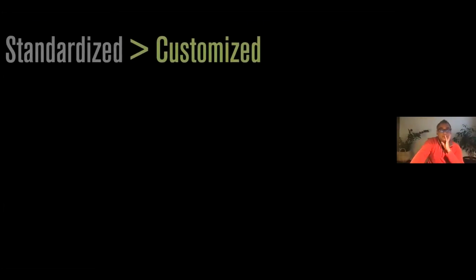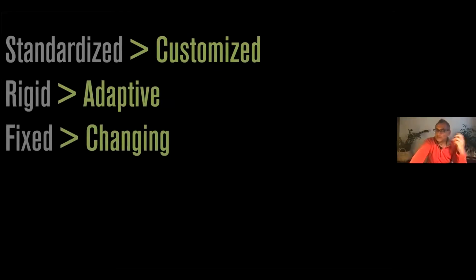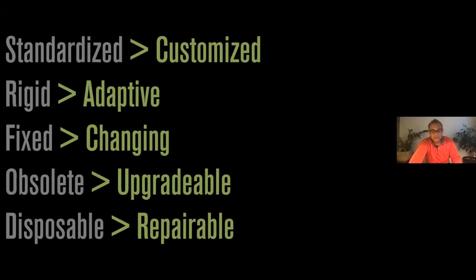And so we think of some principles. We can think of maybe going from very standardized way of doing things to more customized, from very rigid designs where once you design something, it is out into the world, it's not changeable, to making things more adaptive as organisms are in ecosystems, from something that's very fixed to something that changes, from something that quickly goes obsolete to something that's upgradable, from something that's disposable to something that's repairable.